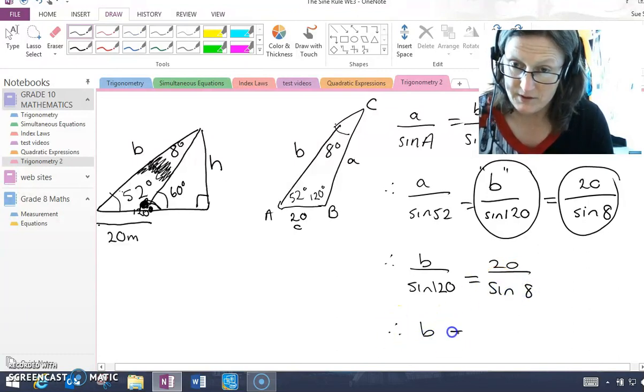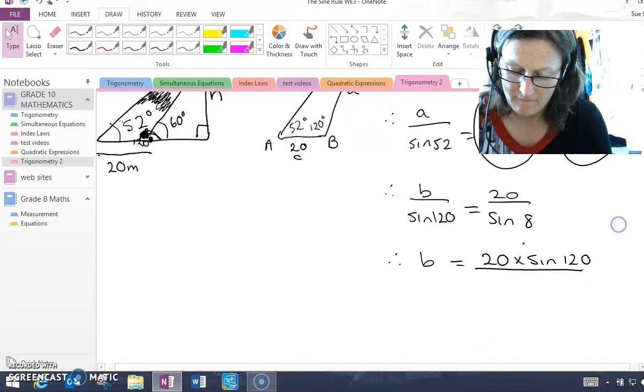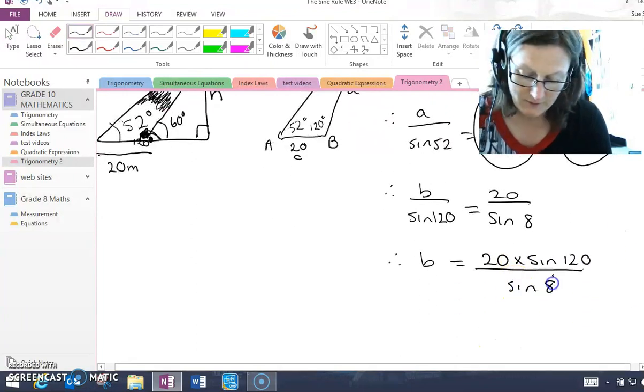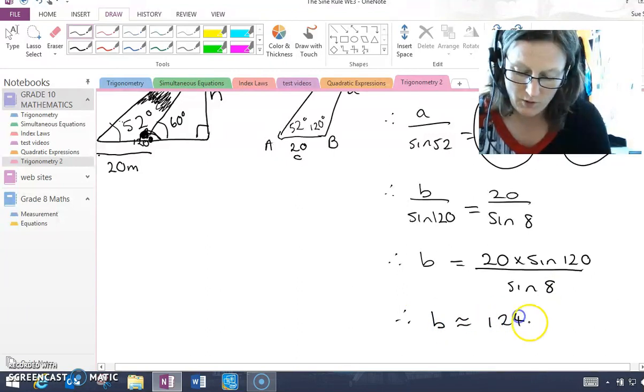I then bring my sine 120 to the other side. At the moment it's divide, so when I bring it to the other side, I times it. So B equals 20 times sine 120 over sine 8. To 2 decimal places, when I put that into my calculator, it's approximately 124.45 metres.